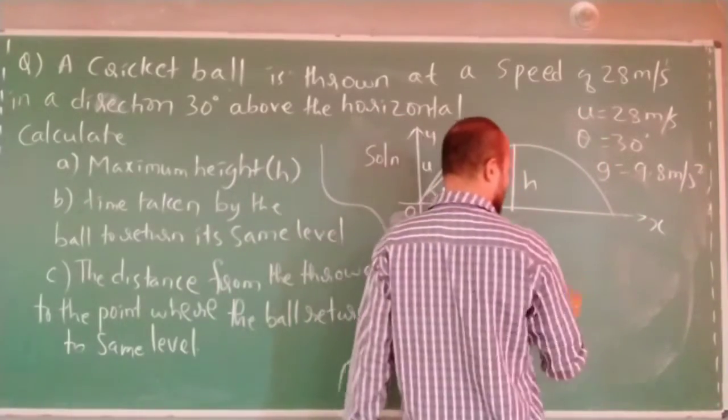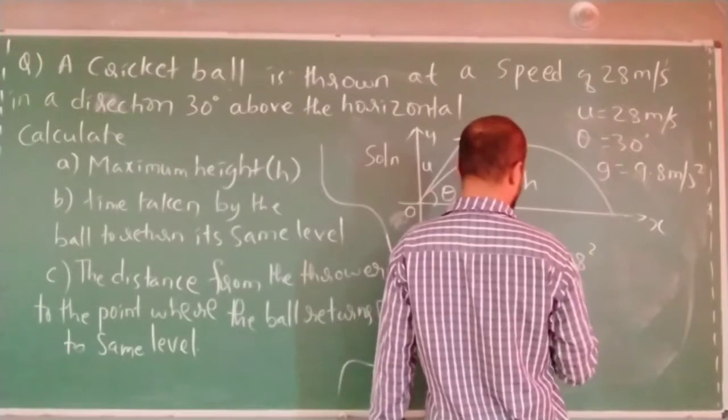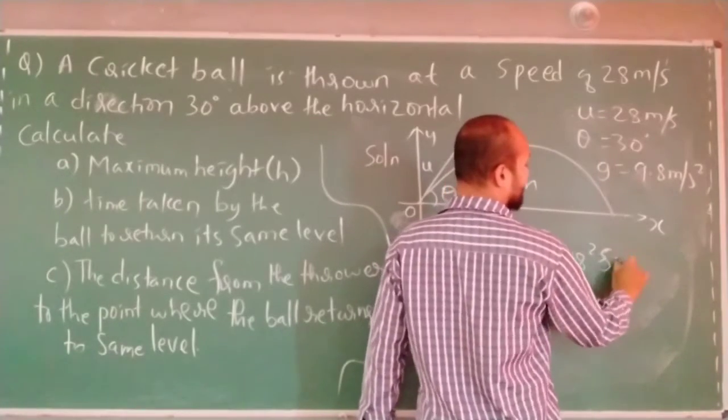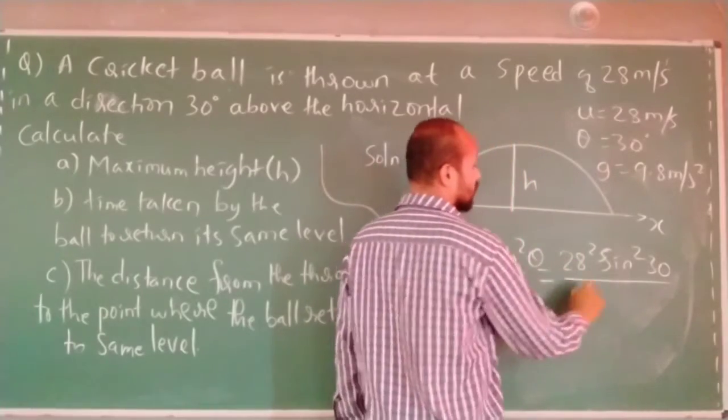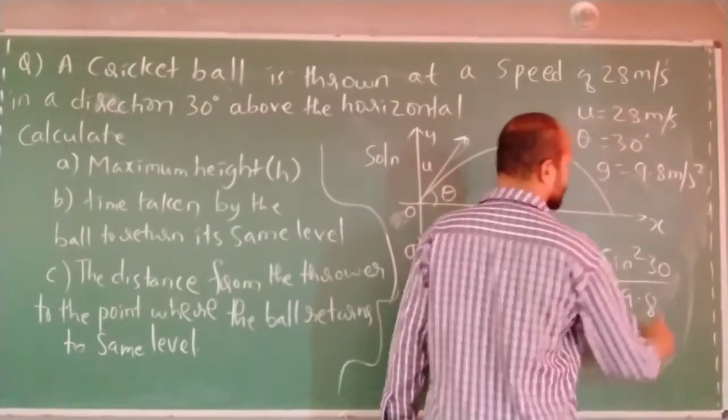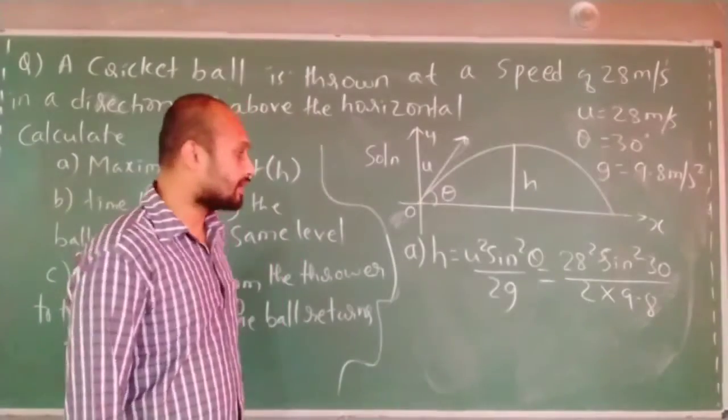So this will be equal to 28 square into sin square 30 divided by 2 into 9.8.